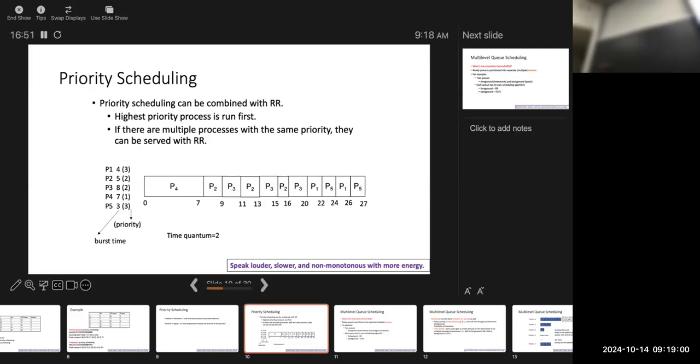So one option is definitely that, but another option is what your friend has said: instead of maintaining one single ready queue, you can maintain multiple ready queues, one for each priority level.